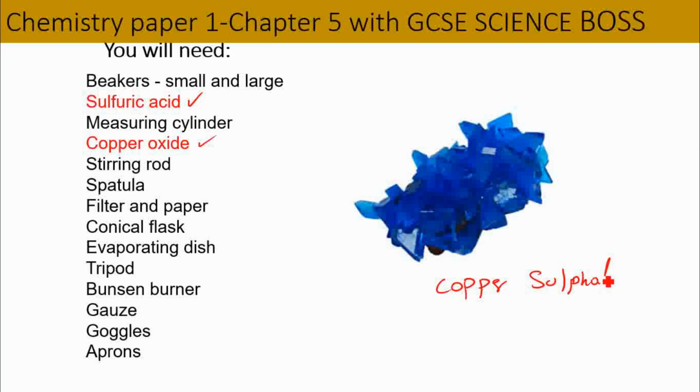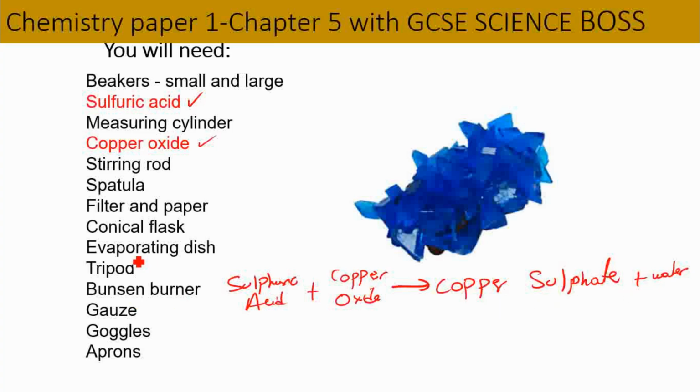So the two reactants needed must be sulfuric acid to make the sulfate and copper oxide. You could use copper carbonate as well as the base, okay?